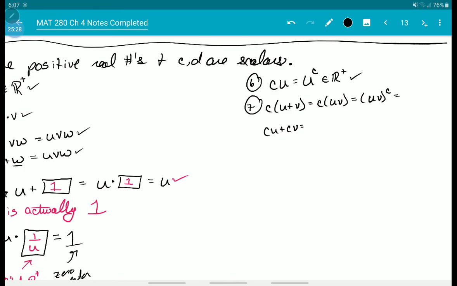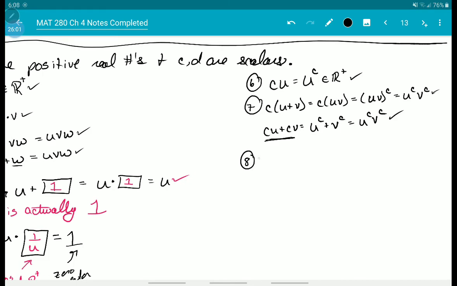Rules of exponent says this is the same thing as u to the c times v to the c. So that's what I get. Now let's look at the other side. So cu is u to the c. cv is v to the c. Addition is really multiplication. And we get the same thing. So 7 holds.